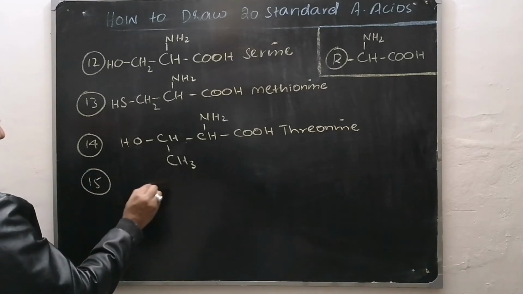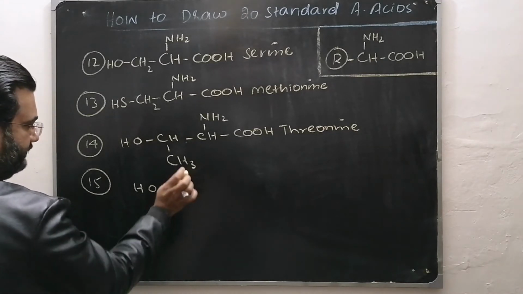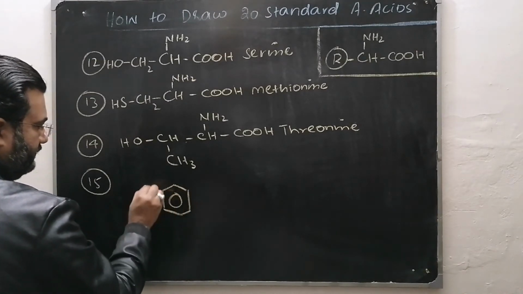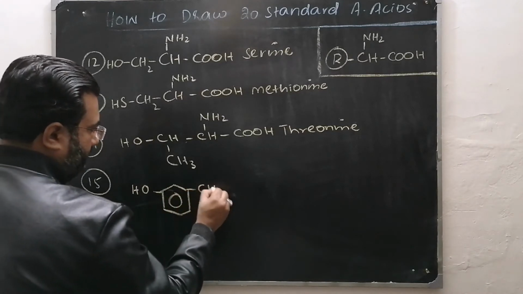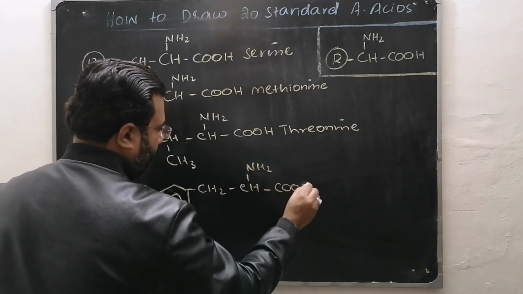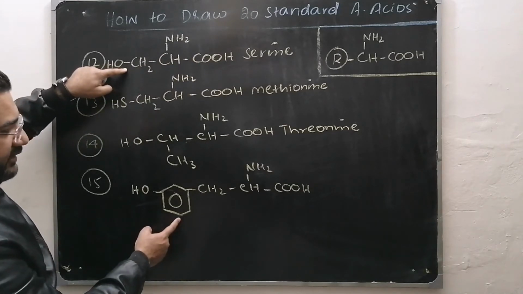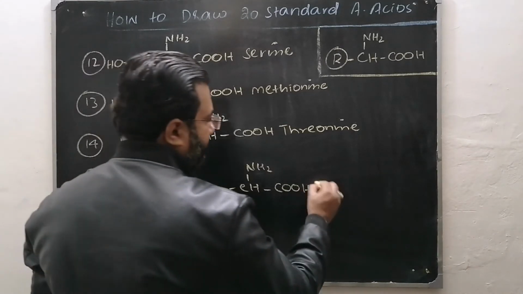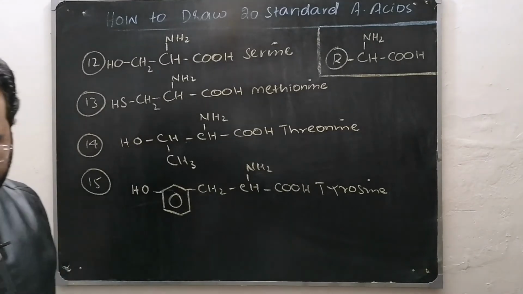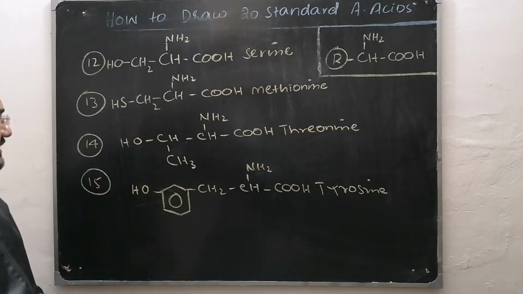Now you will draw the structure just like serine, but here you will add a phenyl group. Then that will be called tyrosine. So we have studied the structure of 15 amino acids so far.